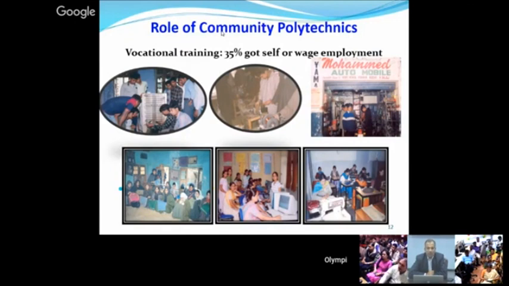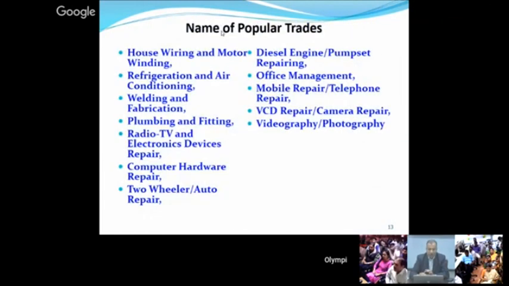Role of community polytechnics: what are their roles? They are working on vocational training. 35% of them have got self or wage employment through this scheme, and various kinds of training programs are being run, like house wiring, motor winding, refrigeration, air conditioning, welding, fabrication, plumbing, fitting, sanitation, radio electronics devices repair, computer hardware repair, two-wheelers, diesel engine, office management, mobile repair.